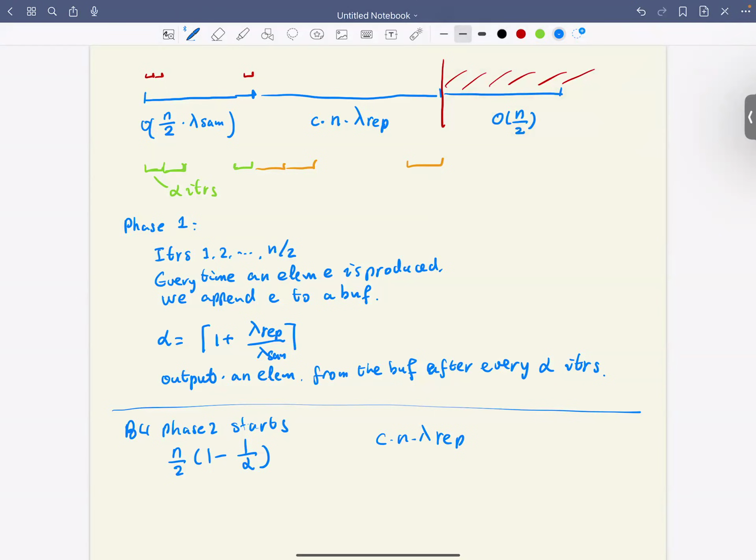And I still have so many elements in my buffer, so now I want to pay for the silence in an even manner. You see what I'm saying? So I will decide the length of this brown interval like this. So this is precisely the length of every brown interval. So there's no need for amortization, there's no expectation here.